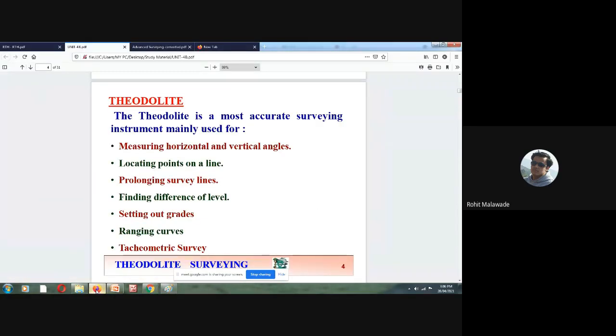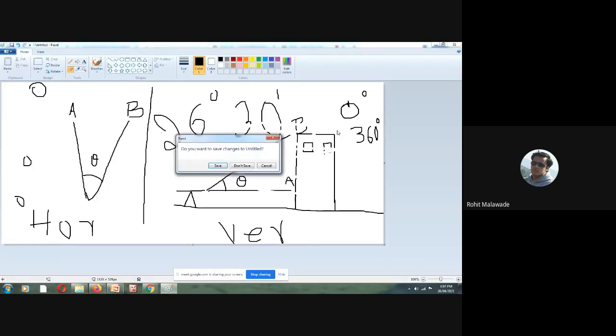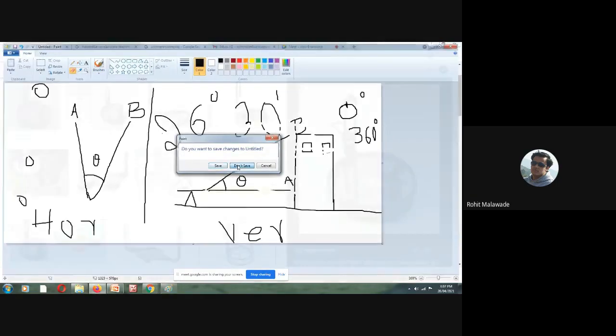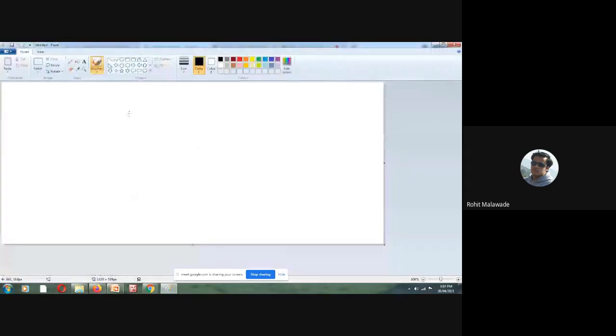Now, finding the difference of level. Suppose this is a ground level, this is the ground surface.